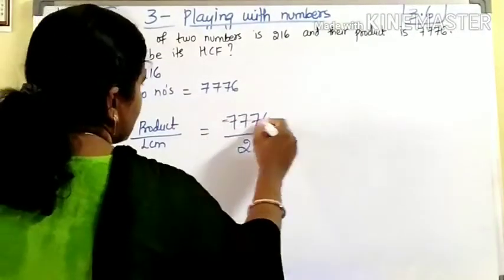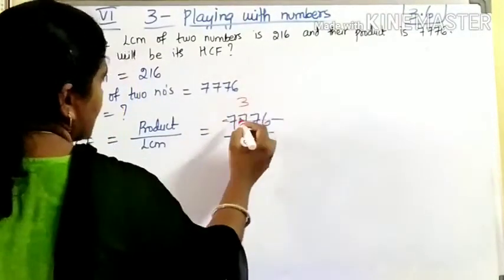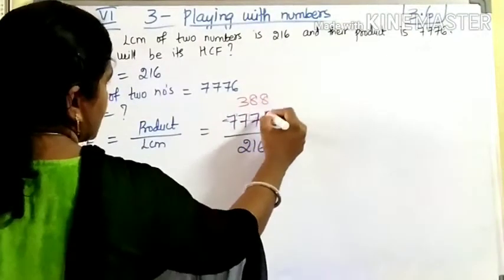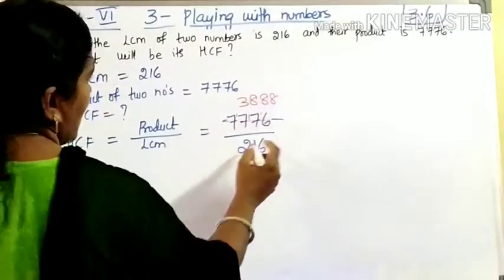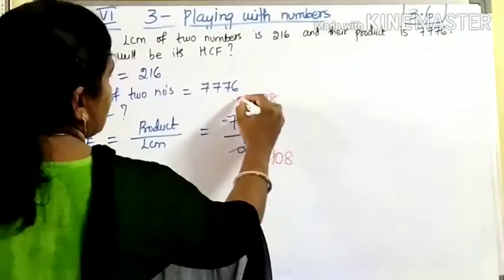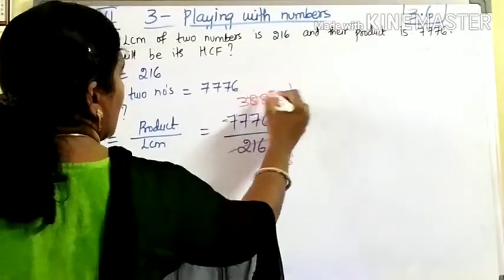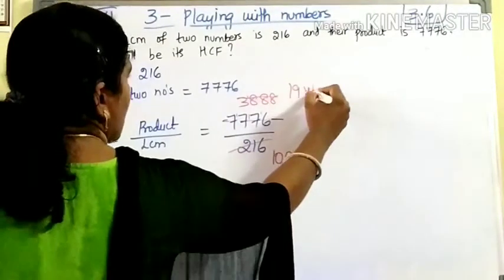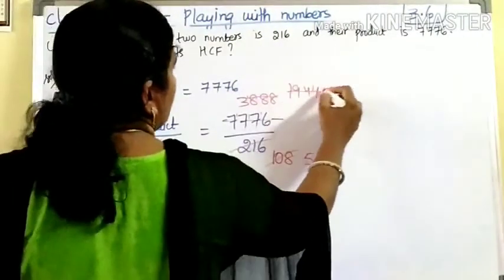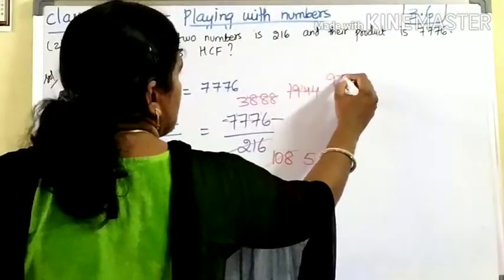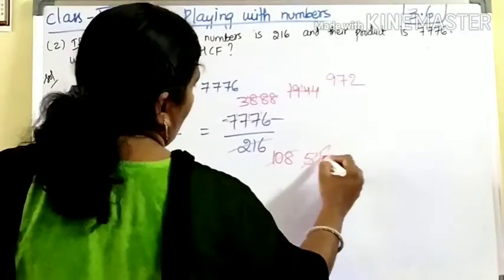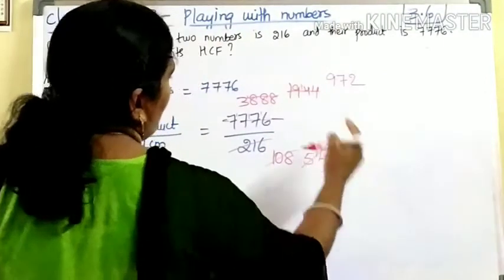I am cancelling with the 2 table. 2 threes are 6, 2 eights are 16, 2 ones are 2, 2 nines are 18, 2 fours are 8, 2 sevens are 14, 2 twos are 4.